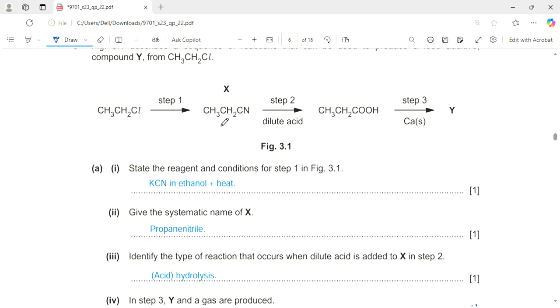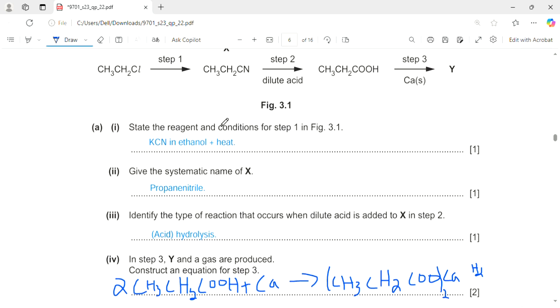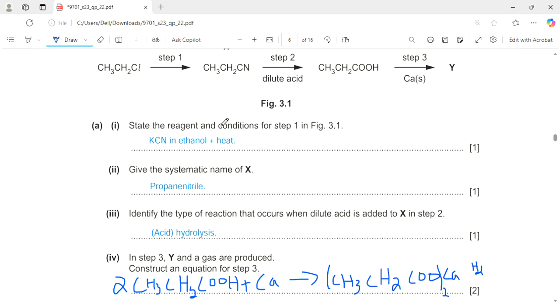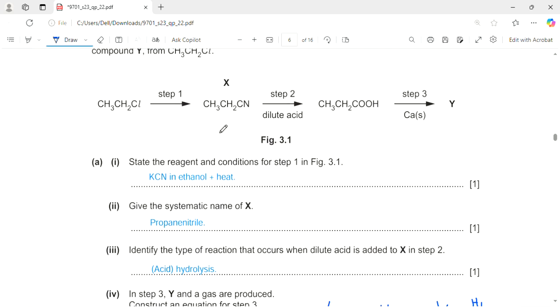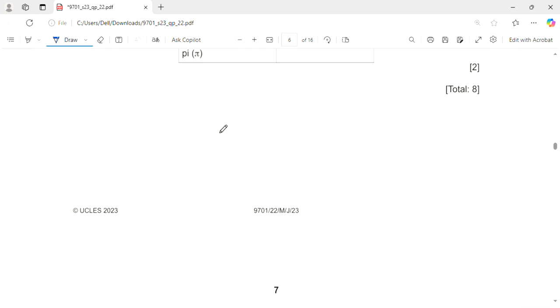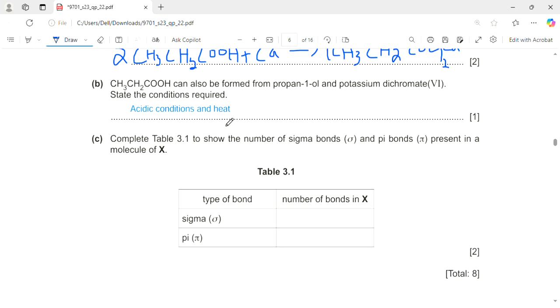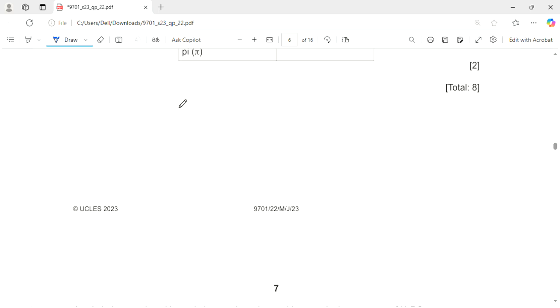I think we should draw it so we can count accurately. It is CH3CH2CN, and this is the structural formula.